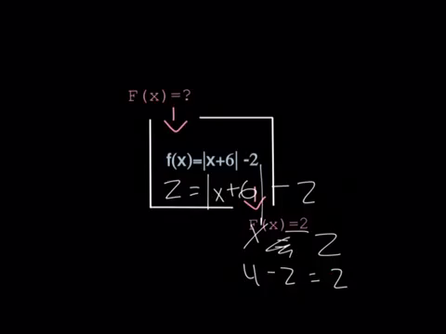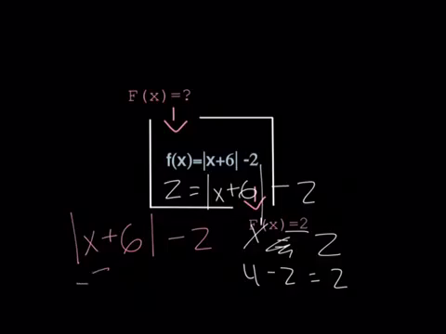So let's get started with this. So we are going to do x plus 6 right here, that's the absolute value. So what plus 6 can equal 4? We know that negative 2 plus 6 would equal 4. So let's try that.